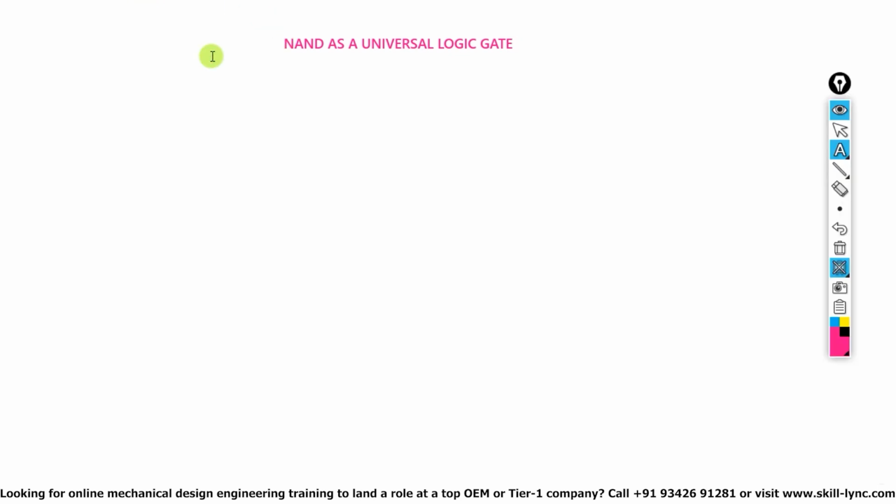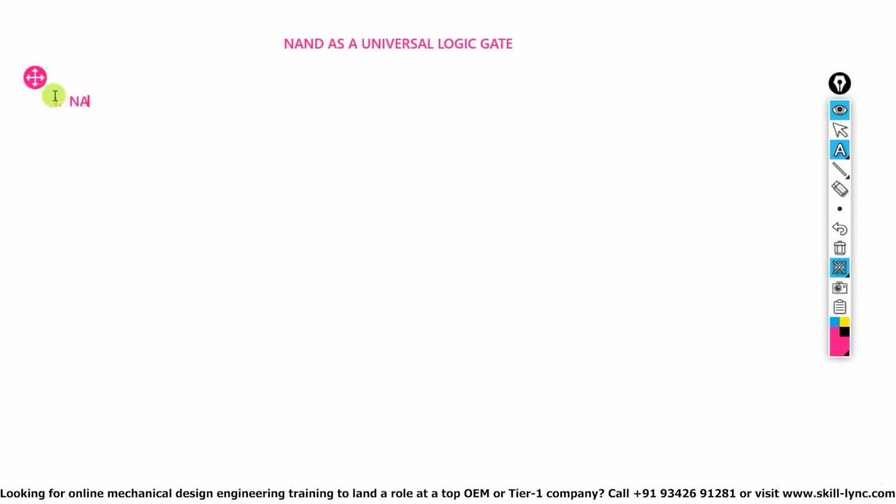So if we can show that NAND and NOR can be converted to these 3, then we can say that any other logic circuit can be implemented by NAND and NOR. Because if we are capable of converting the NAND gate into AND, OR or NOT, it means that any other logic gates can also be implemented using the NAND gate, which proves that it is a universal logic gate. So we have to show the NAND gate as a NOT gate.